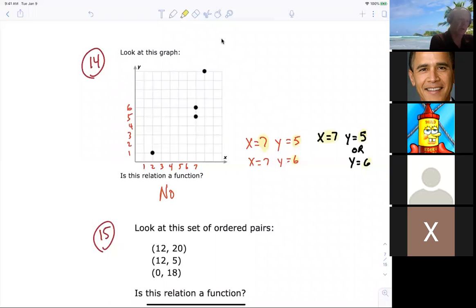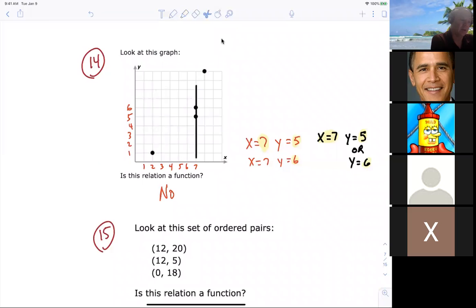All right. Now, what we also do in math is we say, if you're given a graph, you can look at what's called a vertical line test. All right. So what exactly does that mean? That means if you take this vertical line and you pass over all the points this way, it can only have 1 point for each x value.